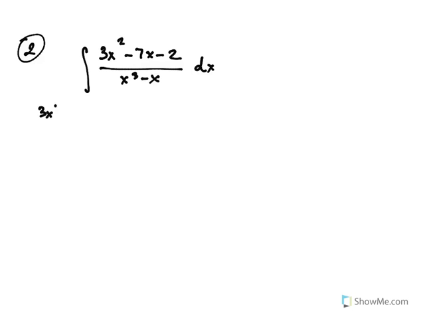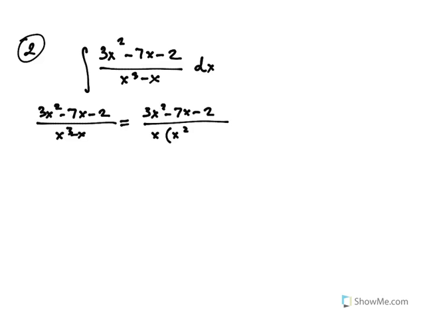I'm just going to say 3x squared minus 7x minus 2 over x cubed minus x equals. I'm going to copy my denominator and factor out the x on the bottom. Actually, I can even factor more. I'm just going to do difference of squares. It's x minus 1, x plus 1, correct?